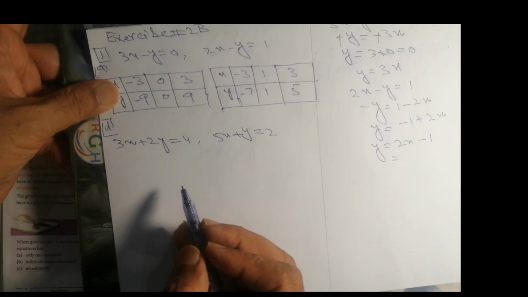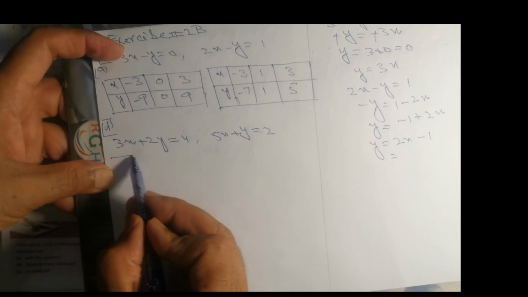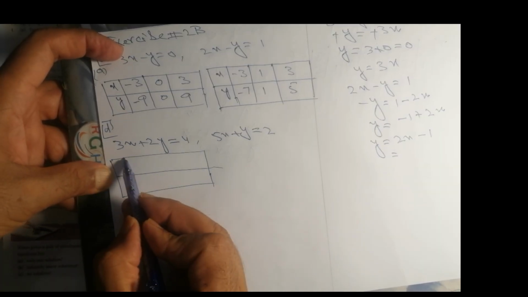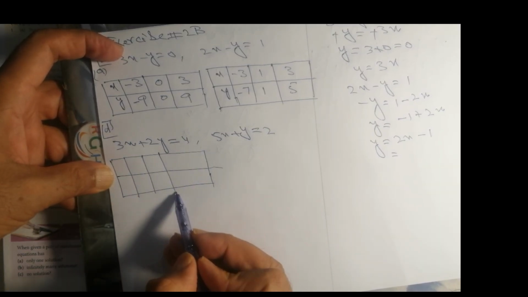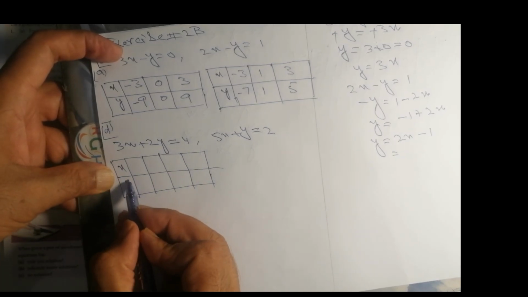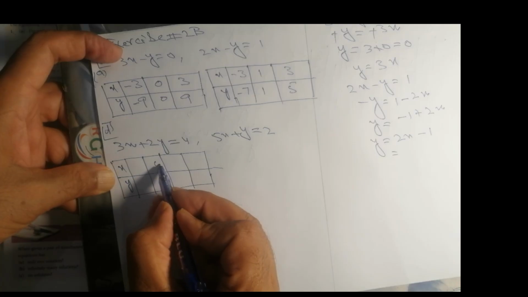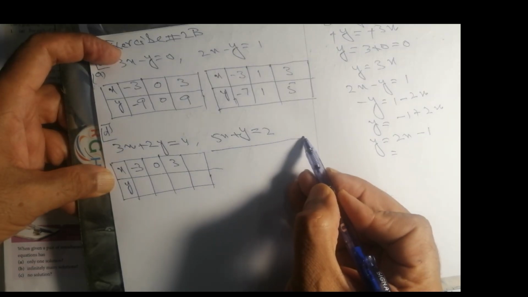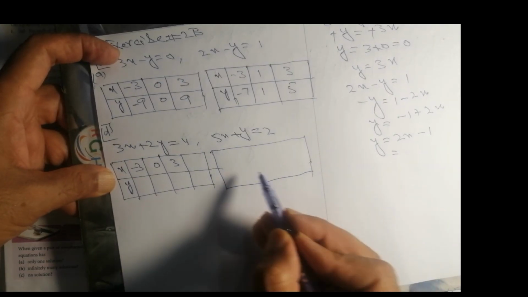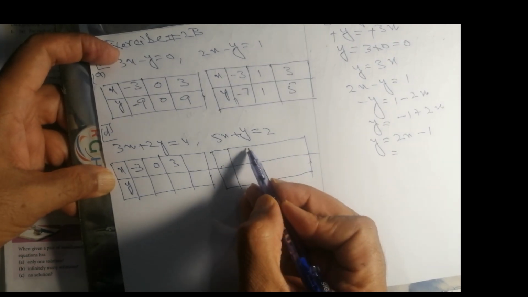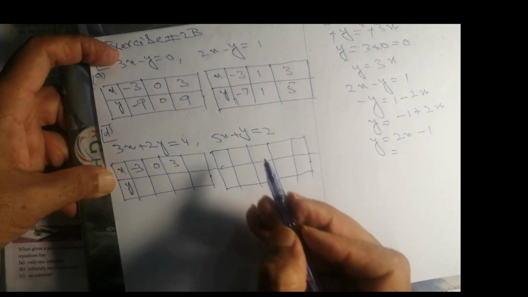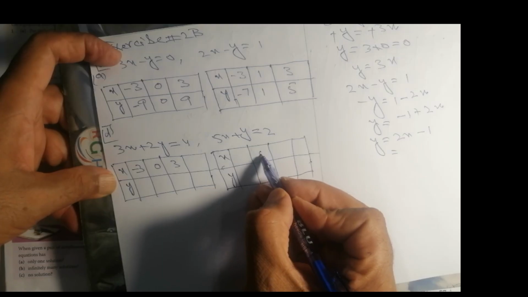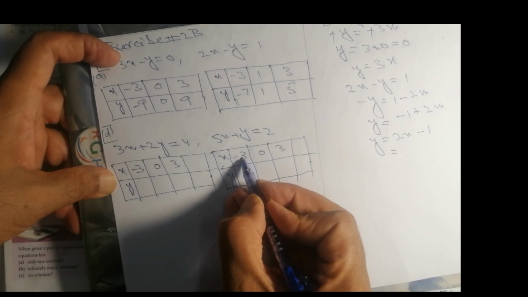So again we need to make the tables for both the equations. x, y: we take values 0, 3, -3, and for the other table x, y, we can take again 0, 3, -3.